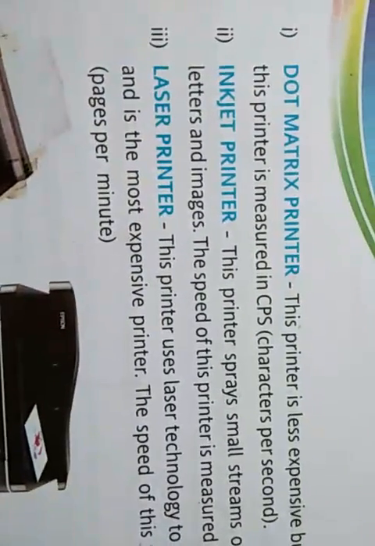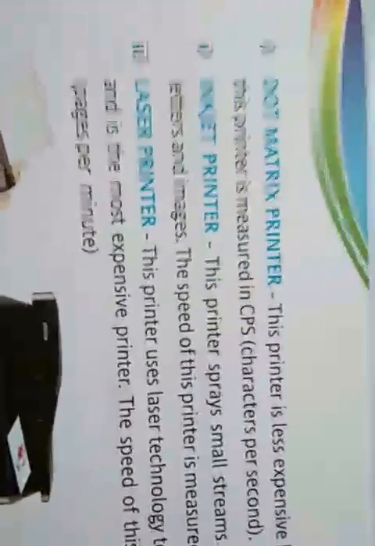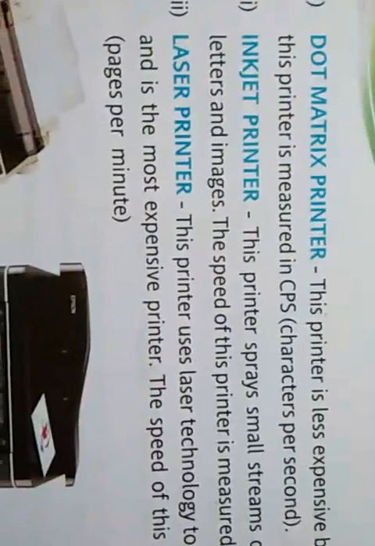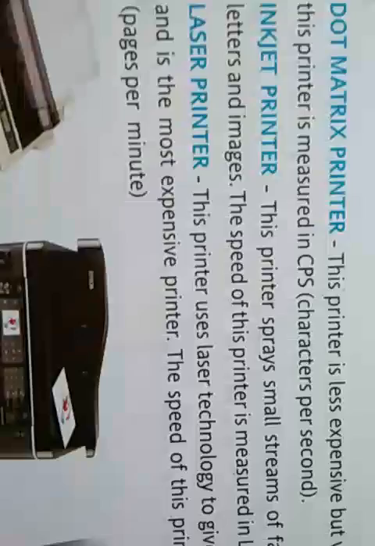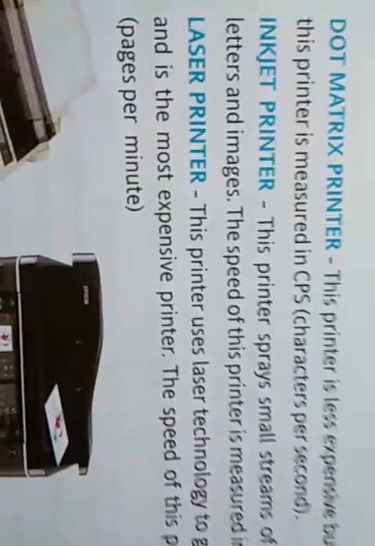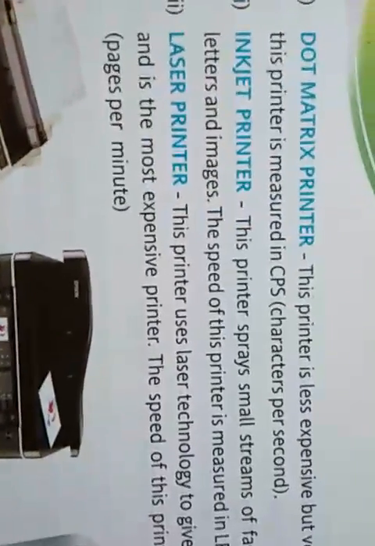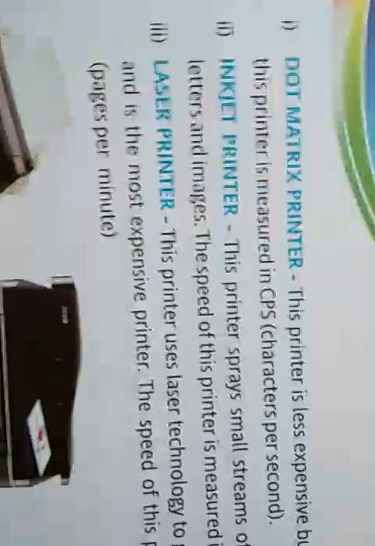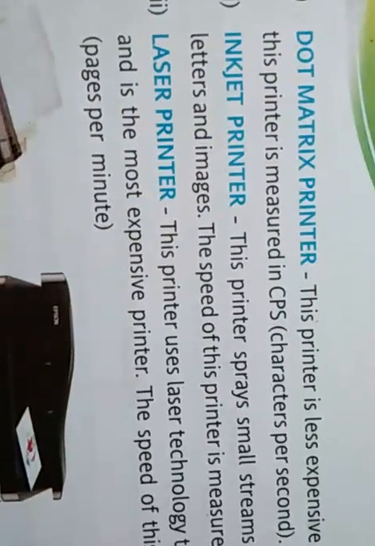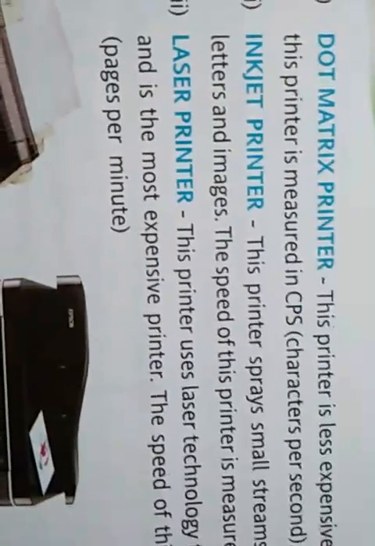The dot matrix printer is less expensive and its quality is not as good as an inkjet printer, and the speed of these printers is measured in CPS, that is characters per second. Second is the inkjet printer. In this, a cartridge and ink are used, and the speed is faster than a dot matrix printer, and the quality is also better.